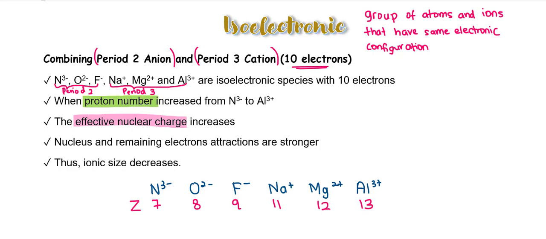And when that happens, as usual, the attraction between the nucleus and the remaining electrons becomes stronger, because the positive charge on the nucleus is stronger. Thus, the ionic size decreases. That's why from the period 2 ions, the size becomes smaller until the period 3 ions.